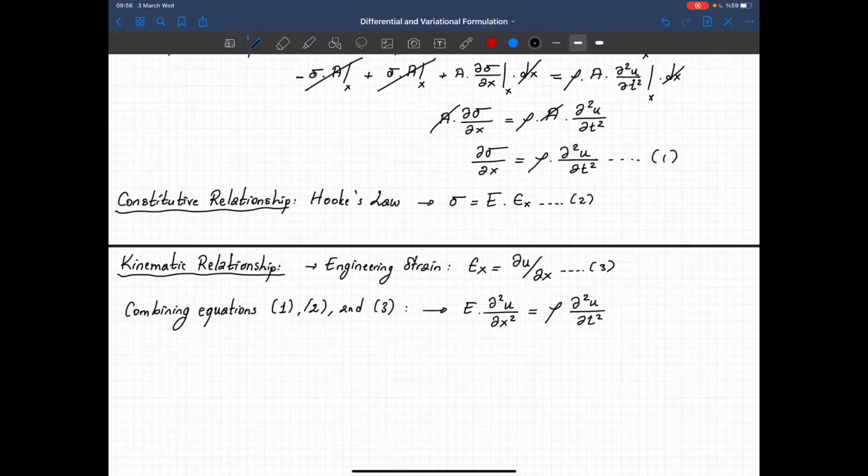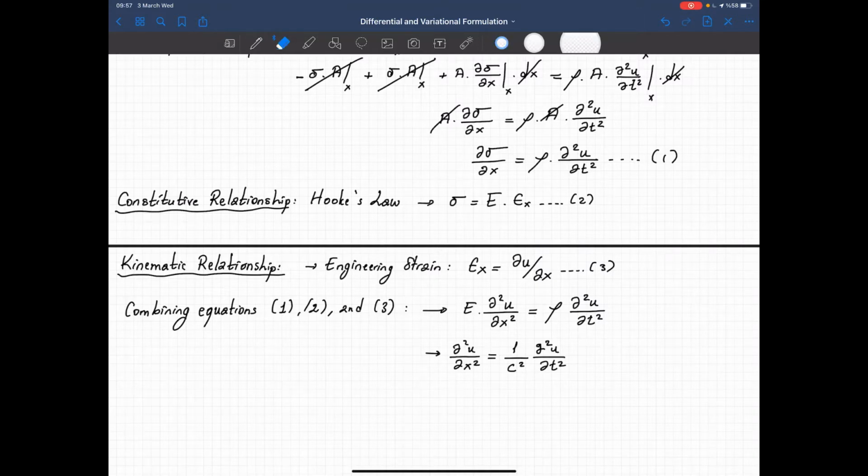If I rearrange the terms, I get the following equation. Del square u over del x squared is equal to 1 over c squared del square u divided by del t squared.